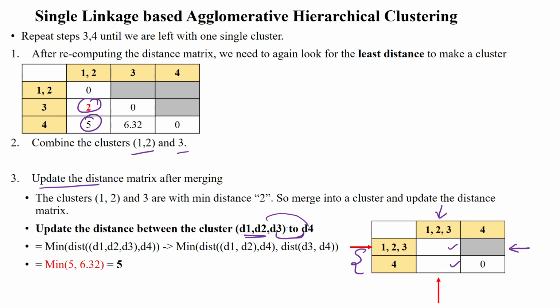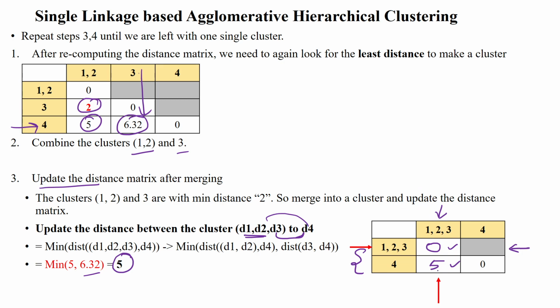Like that D3 to D4, this is this column, right? So the minimum distance between 5 comma 6.3 is 5. So now we write the distance between D1, 2, 3 comma 4, this one, which is now 5. The distance of a cluster to itself is 0.